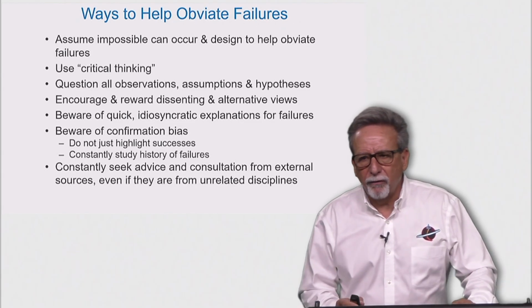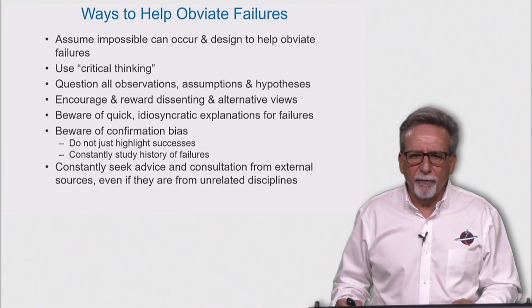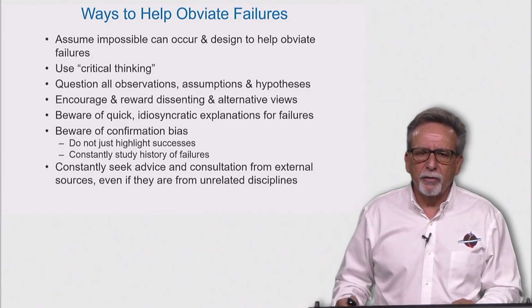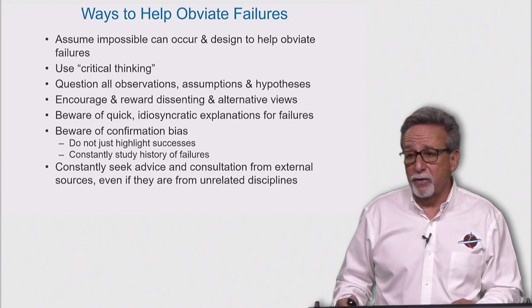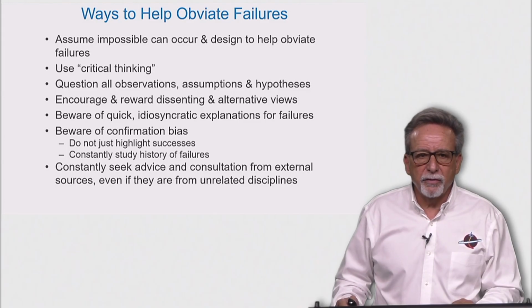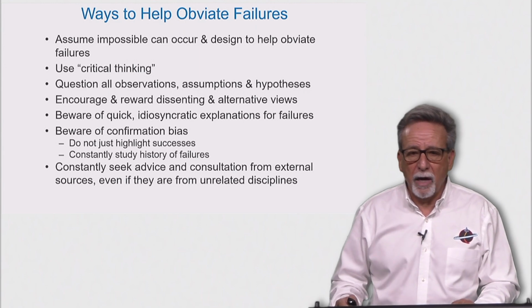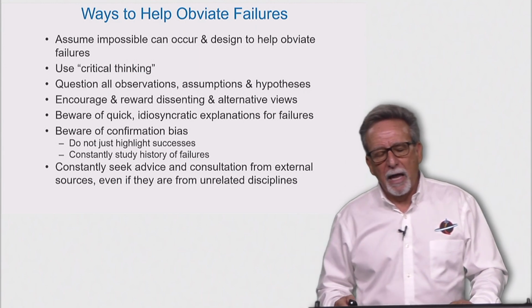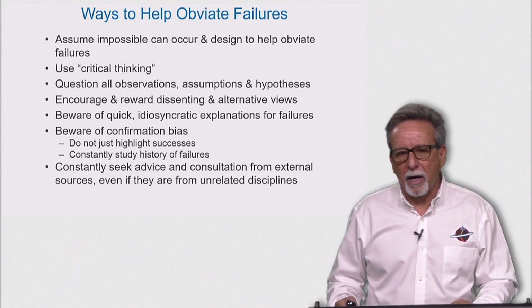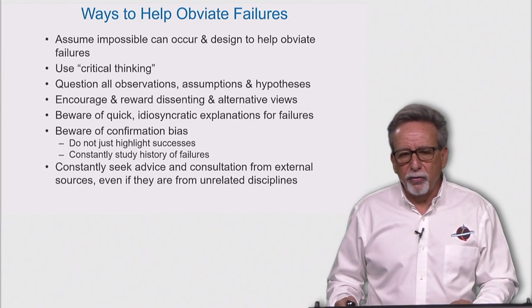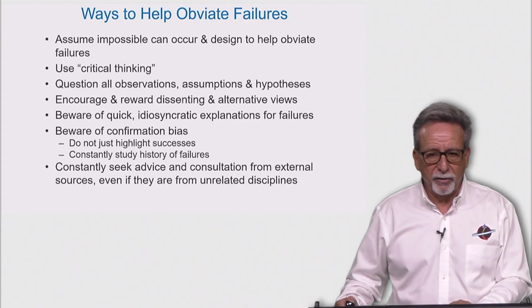Next, here are some helpful tips to help you in trying to obviate failures in your design. First and foremost, assume the impossible can occur and will occur as you're evolving your design. And then think about ways that you can obviate that failure. Use critical thinking when evaluating your ideas and when factoring in outside advice and/or information.